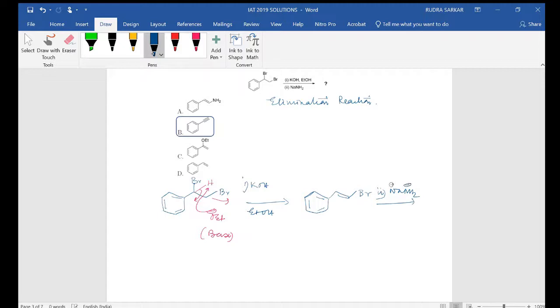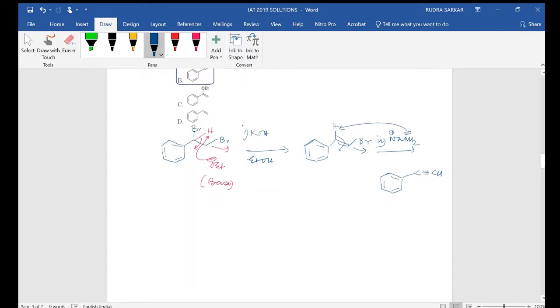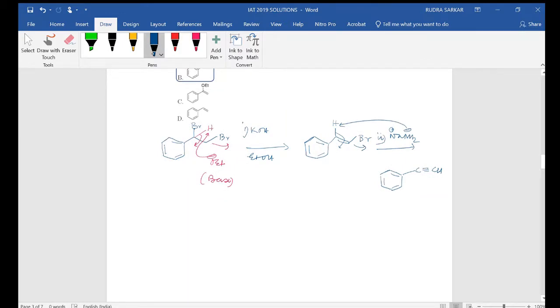And this will finally lead to the formation of the alkyne product, which is something like that. So the first step out here is the E2 elimination process, and in the presence of a stronger base, it will further lose HBr to form the alkyne.